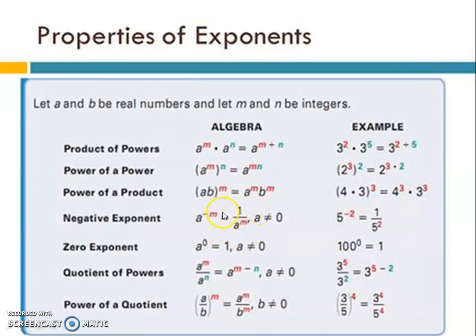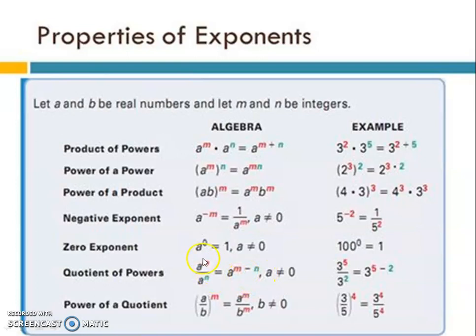That means if we have a negative number in an index, we can write 1 upon that a raised to the index, but the index is positive. Zero exponent: a raised to 0 is equal to 1, and a not equal to 0, that is any number raised to 0 is always 1. Quotient of powers: a raised to m upon a raised to n is a raised to m minus n.